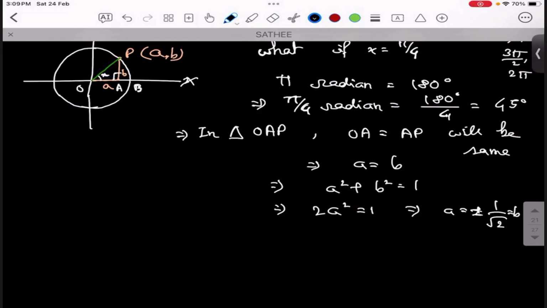That's why we are eliminating the negative part. So A equals 1 by root 2 equals B.